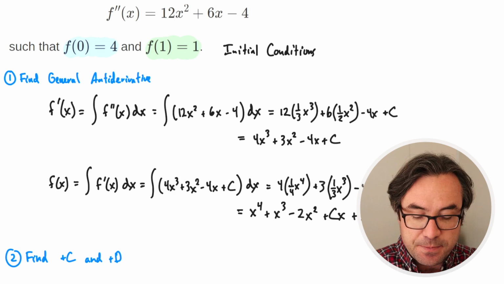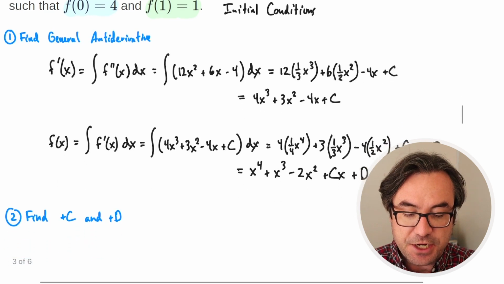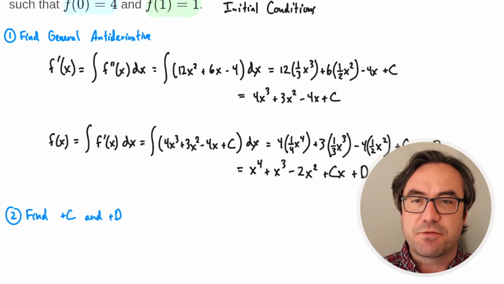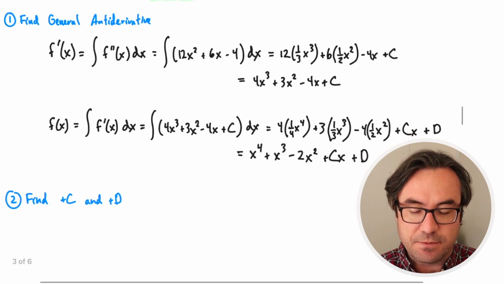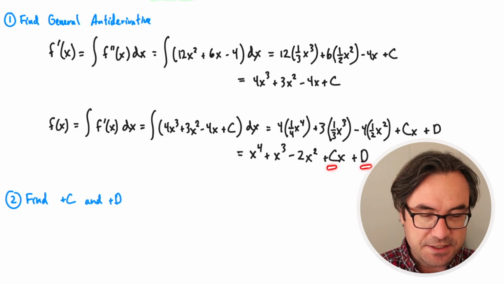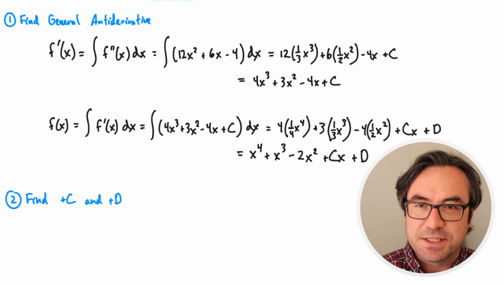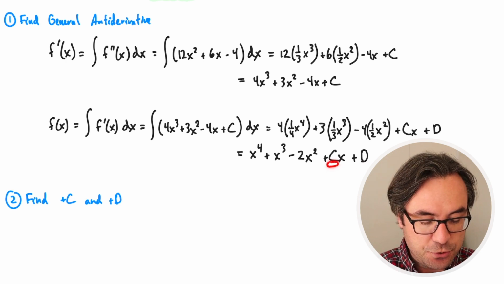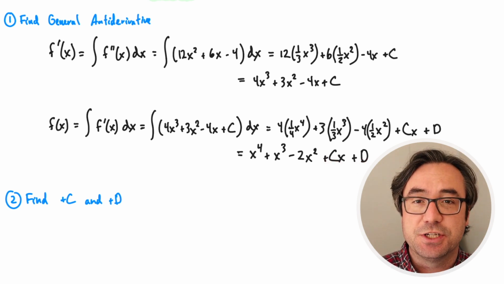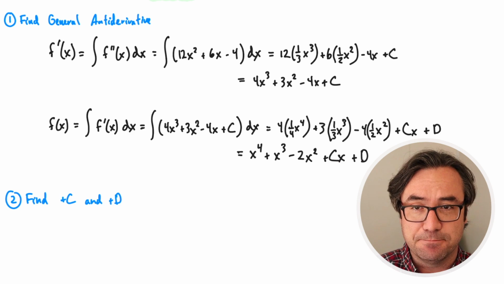So each of those derivatives, we kind of lost a little bit of information about our function. And when we did the integration, we ended up with two constants. So it's not a coincidence that we end up with two general constants here, and we have two initial conditions. That's what we need to find both c and d.